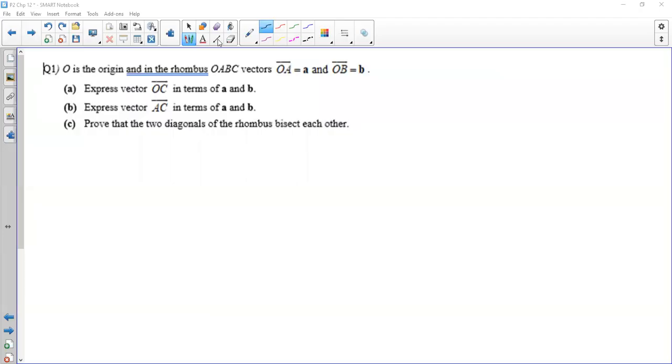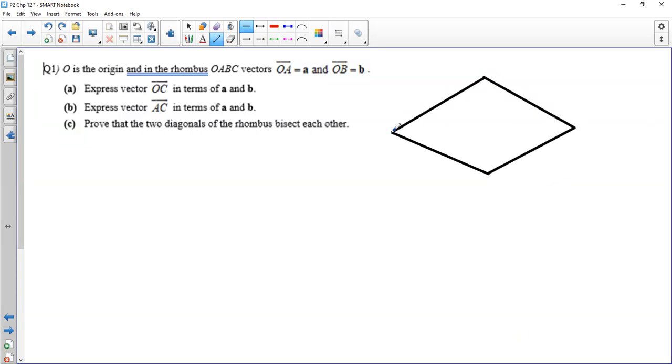So just have to draw the shape. O, A, B, C is a rhombus. That's a rhombus. In a rhombus, their opposite lengths are parallel. It doesn't look quite right, but you get an idea. So if we have O, A, B, C. Right?